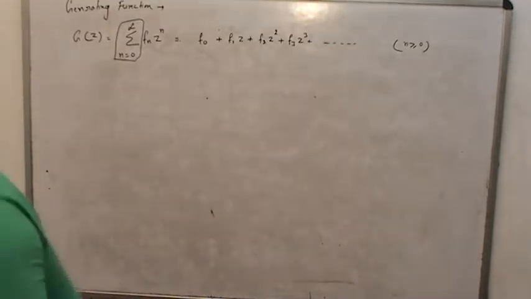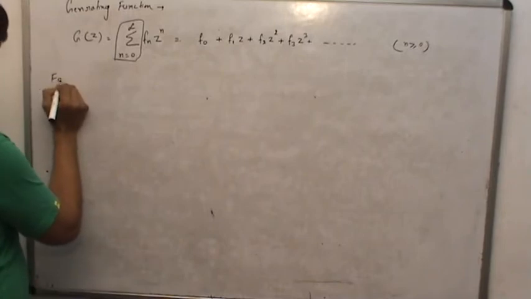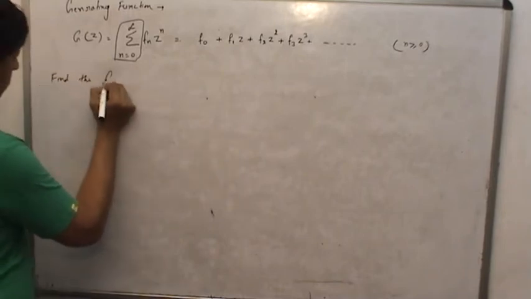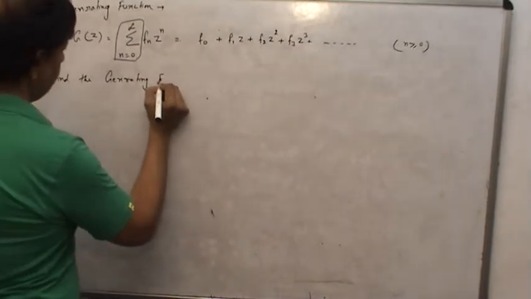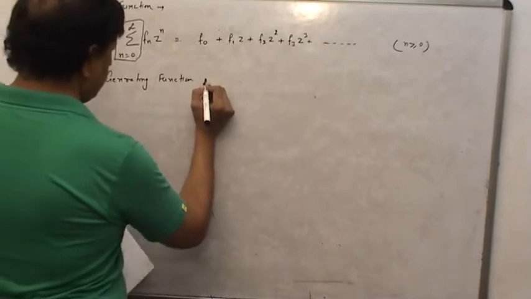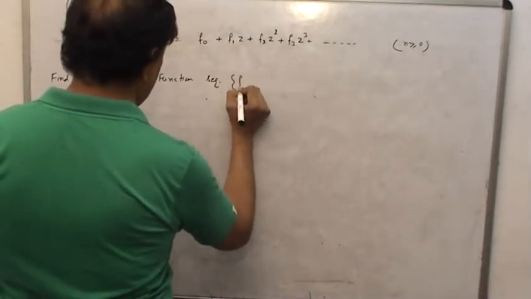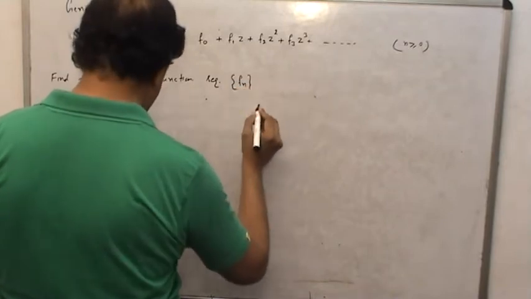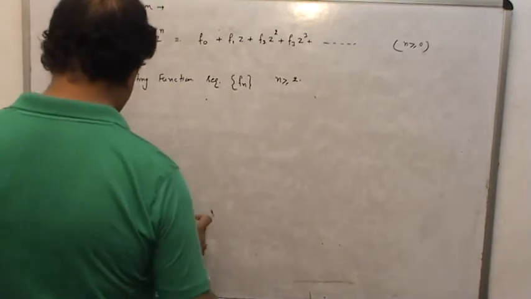Find the generating function for the sequence f_n where n is greater than or equal to 2.